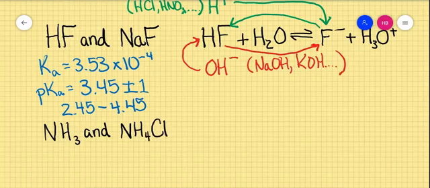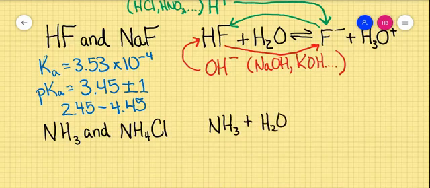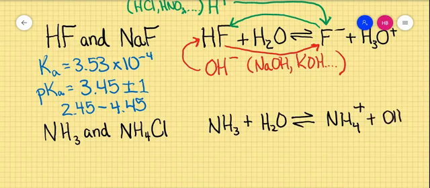We'll add a spectator ion there, and that's a salt that we could pick. So what we've got going on here is the weak base, when put into water, will accept a proton and leave behind OH minus. That's the definition of being a base, is to leave behind that OH minus.